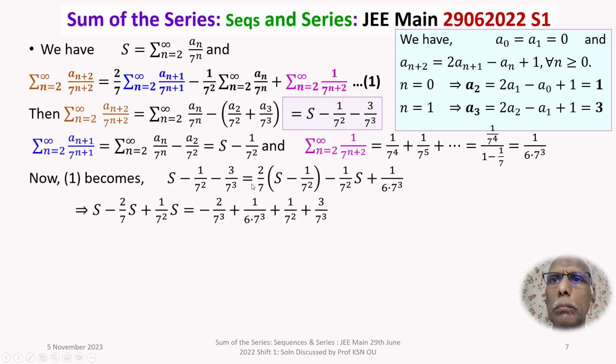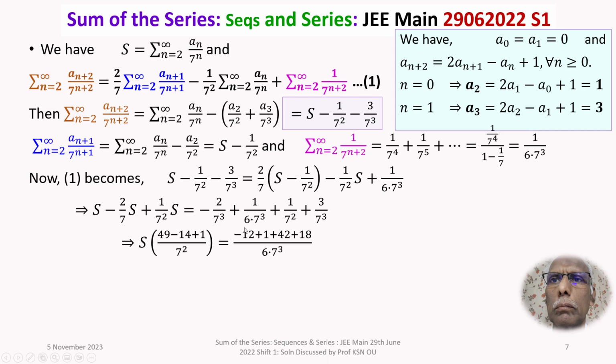And on the right hand side, minus 2 by 7 cube plus 1 by 6 into 7 cube, and these terms taken to the right hand side, plus 1 by 7 square plus 3 by 7 cube. Now take the LCM in this. The LCM is 7 square on the left, and on the right hand side it is 6 into 7 cube.